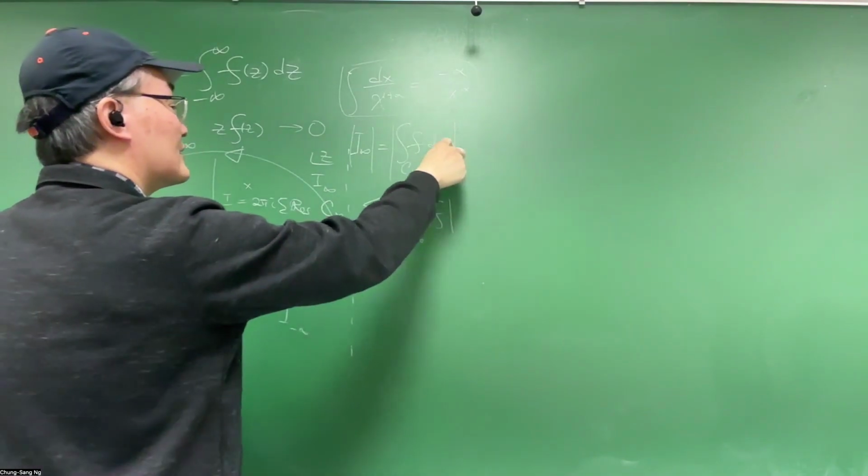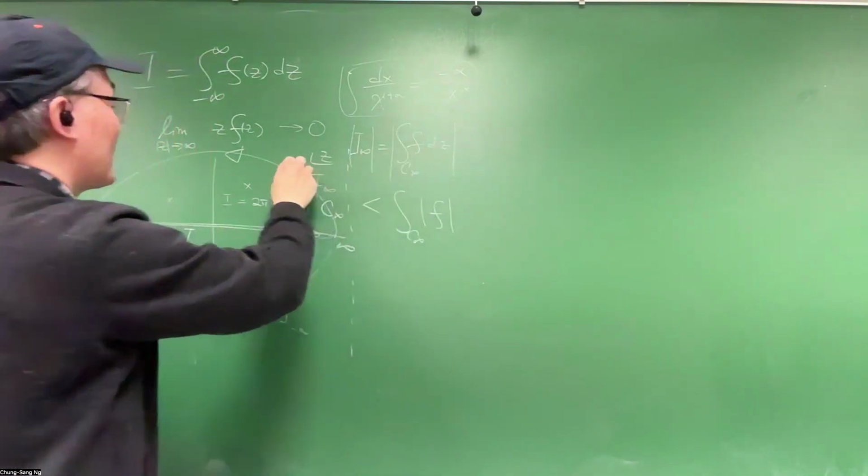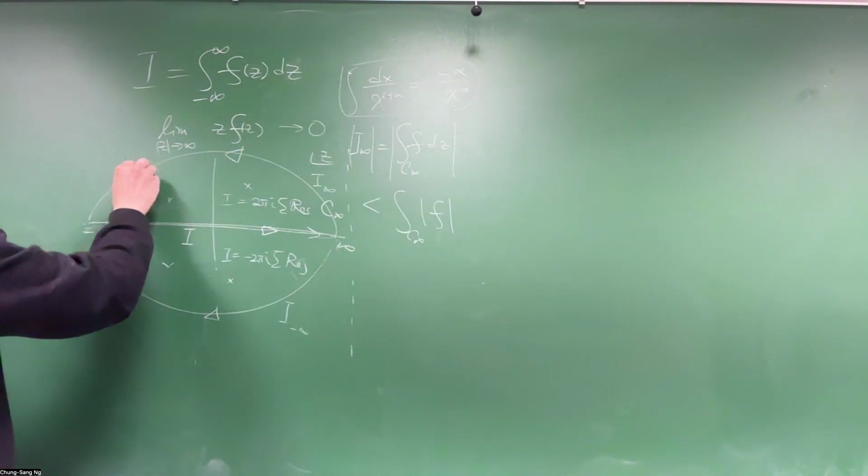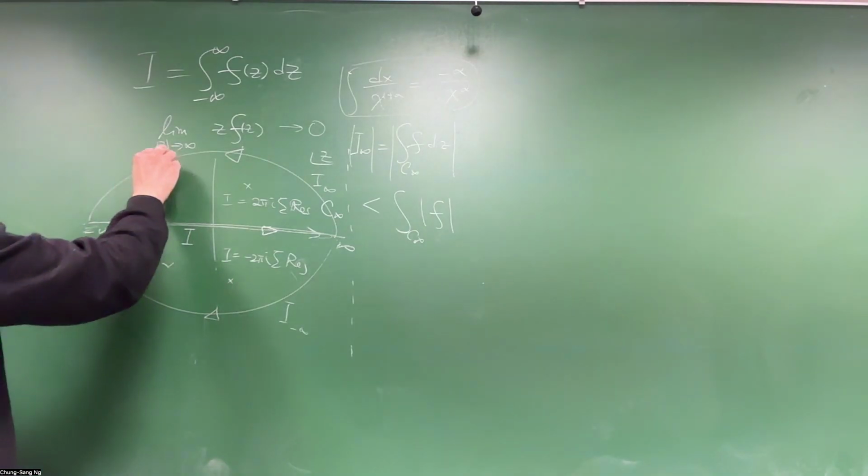Now this dz is along the big circle, so assume z is R e^{i theta}.